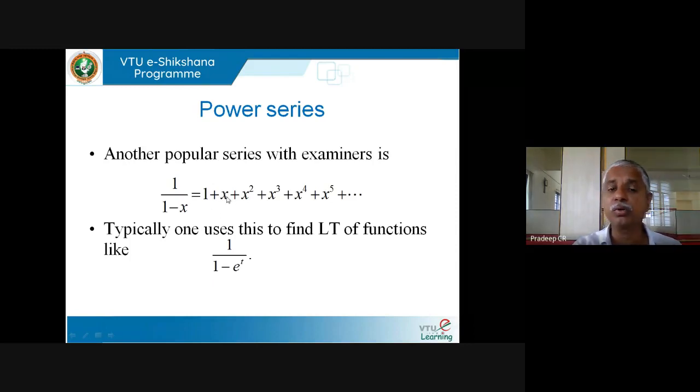So this is another popular series. For what do you want to use this? If somebody asks you to find Laplace transform of such a horrible looking function, 1 by 1 minus e power t, how to find it? You write 1 by 1 minus x as this series. So 1 by 1 minus e power t: replace x by e power t.